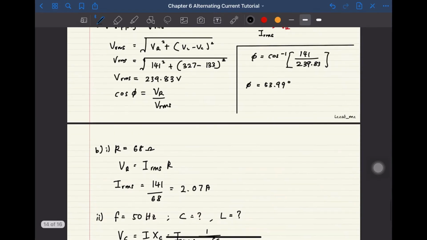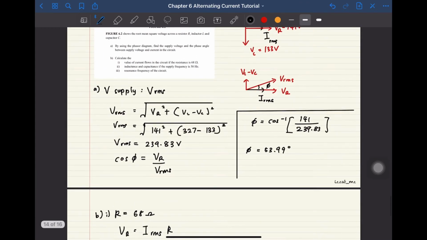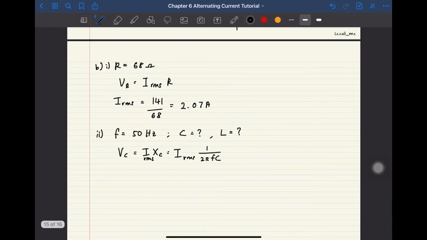So VC is equal to 133 volt, equals IRMS, which we got just now from B1, times 1 over 2 pi 50 C. Maybe I can bring this one inside like this.